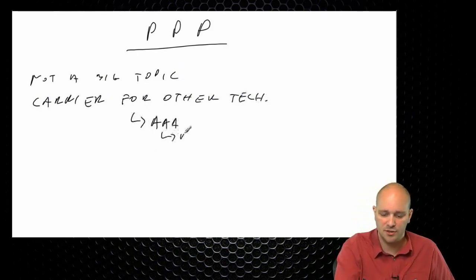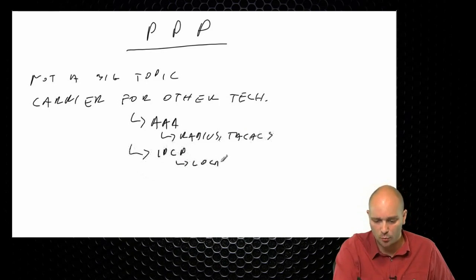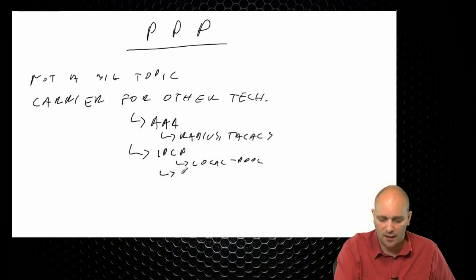And with that, they can test you, do you understand RADIUS, do you understand TACACS? They can test you about, for example, IPCP, which means that they can test you, do you understand what the local pools are and how they operate? They can test you on DHCP, especially if combined with PPP over Ethernet.